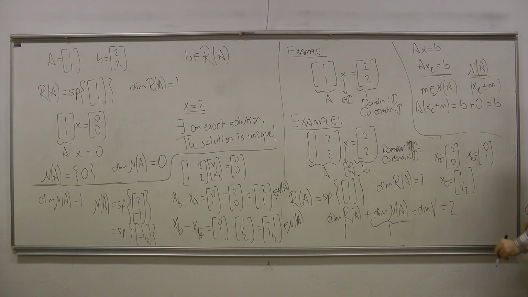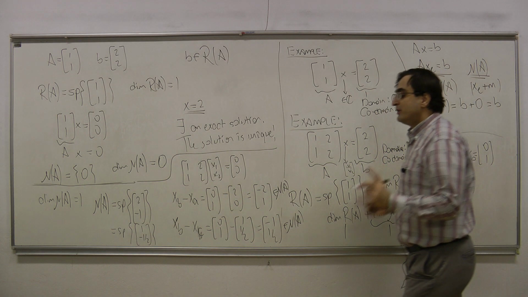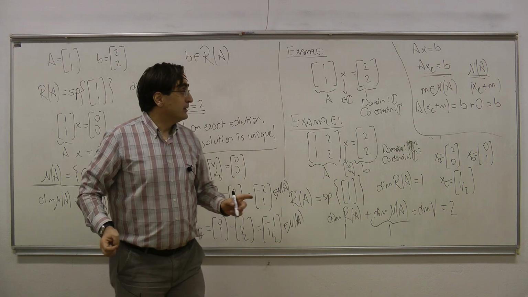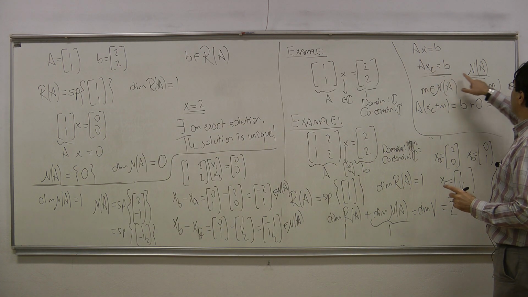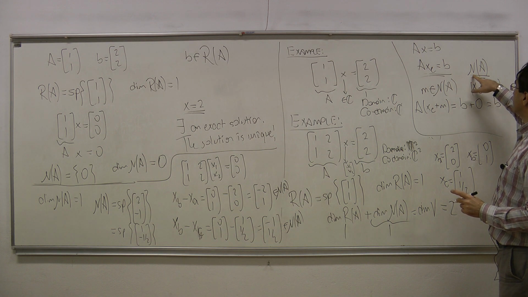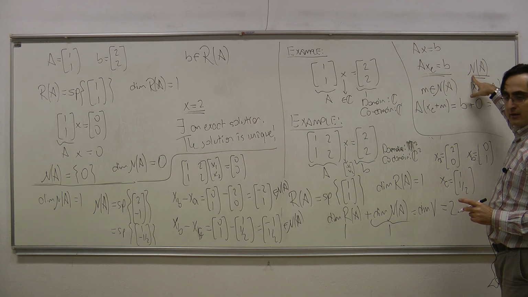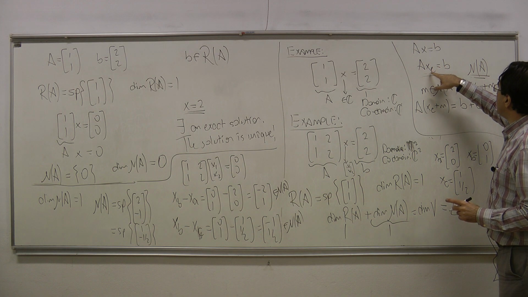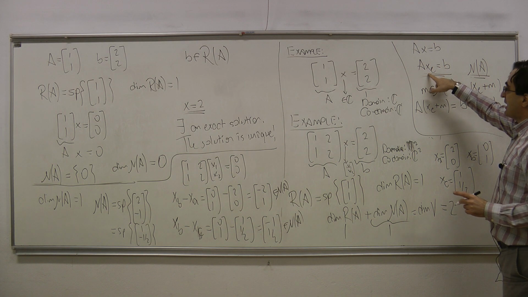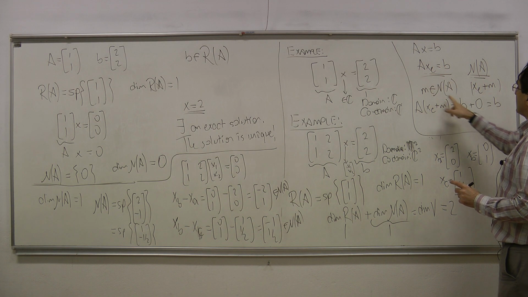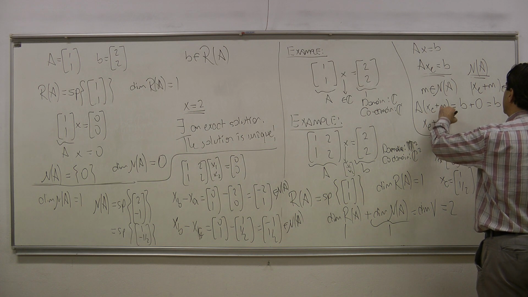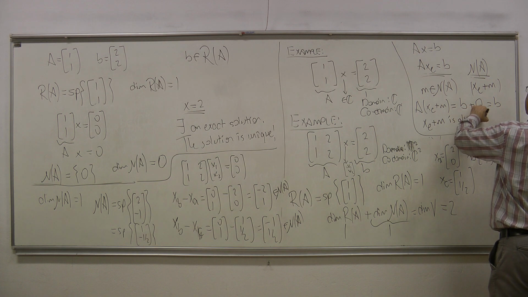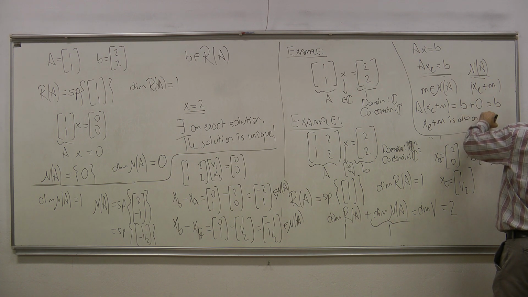But this is equal to B, okay? So we see here that when I have an exact solution, if I find an M inside the null space of A, and if I add that M vector into my exact solution, I would get another exact solution. XE plus M is also an exact solution. Okay?